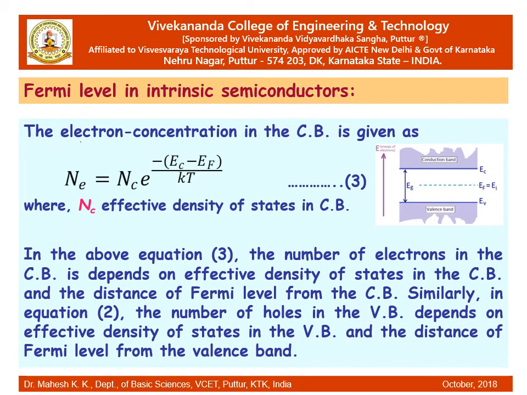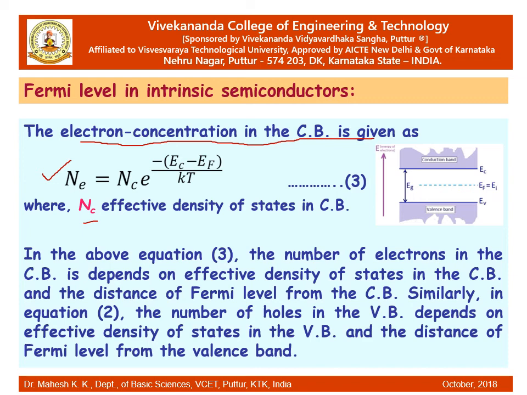Similarly, for the electron concentration in the conduction band, we have the equation Ne is equal to Nc into e to the power minus of Ec minus Ef divided by KT, wherein Nc is the effective density of states in the conduction band.